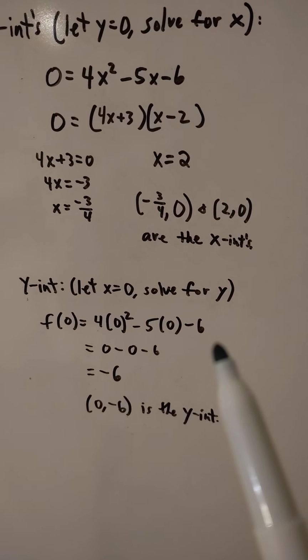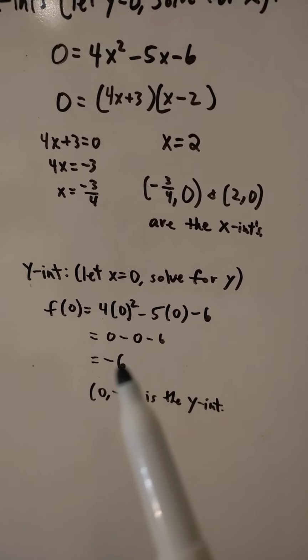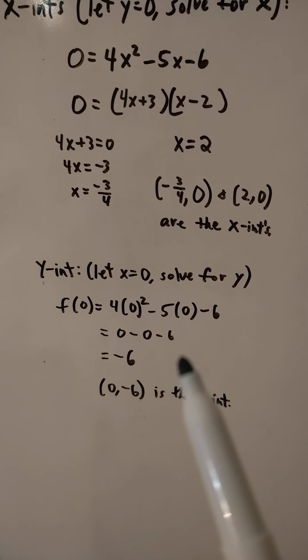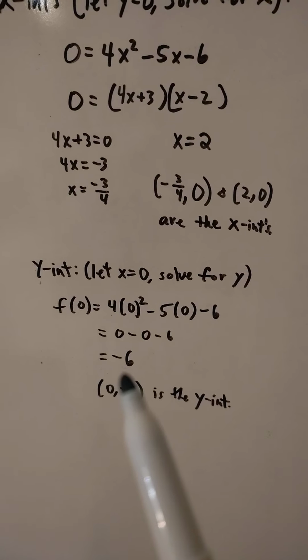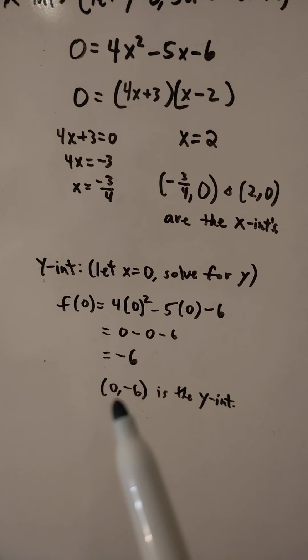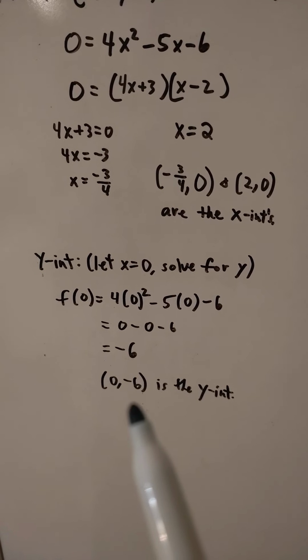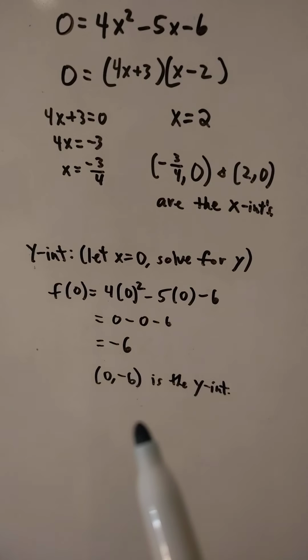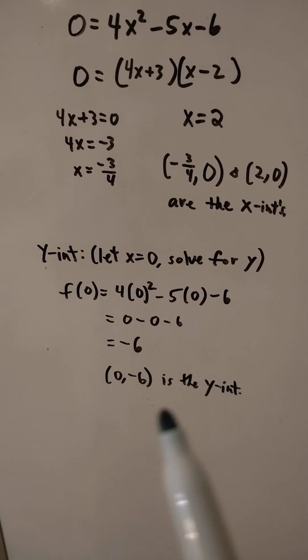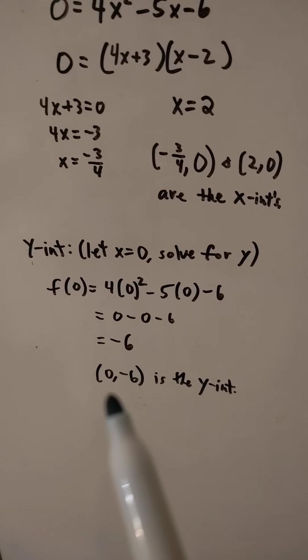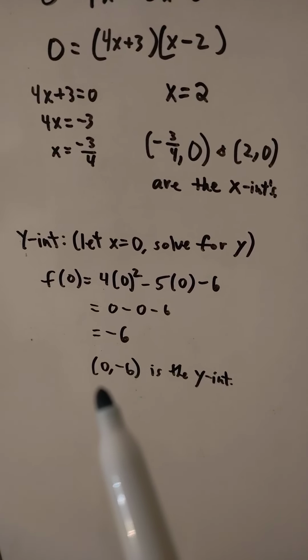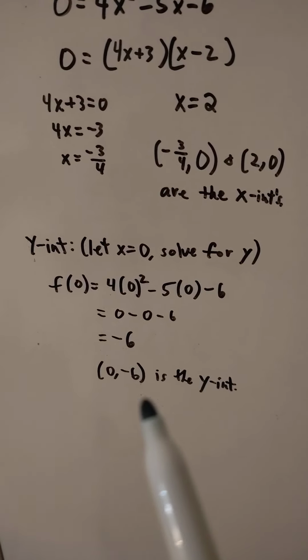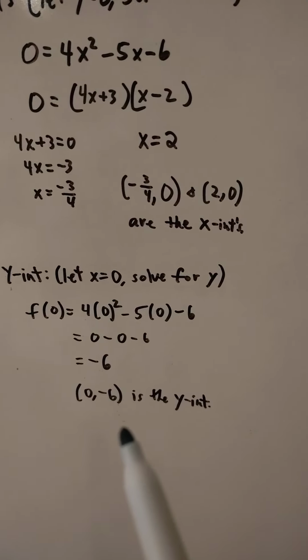I let all the x's equal 0, and now let's do the math. That's going to be 0 minus 6, and doesn't that equal negative 6? Or as an ordered pair, 0 comma negative 6. Make sure you write the ordered pair correctly. A y-intercept means, by definition, the x coordinate is 0. So that is the correct ordered pair.